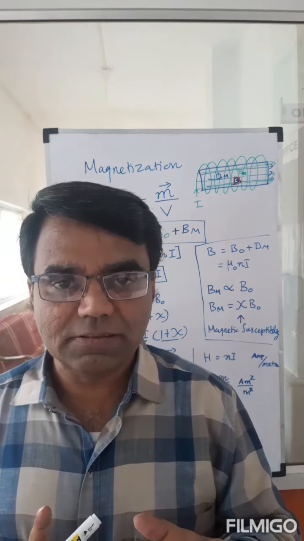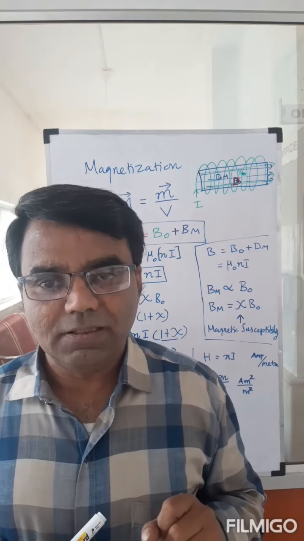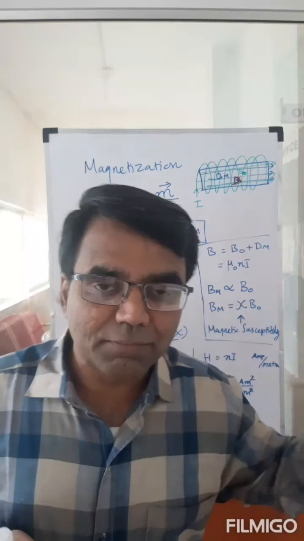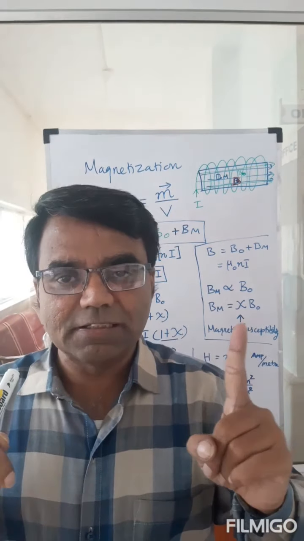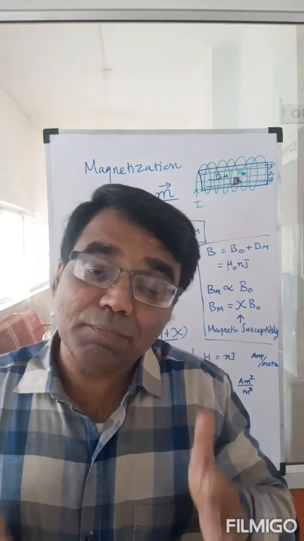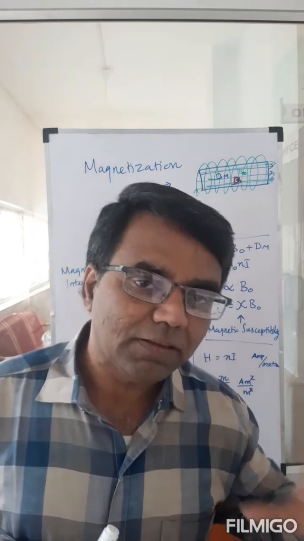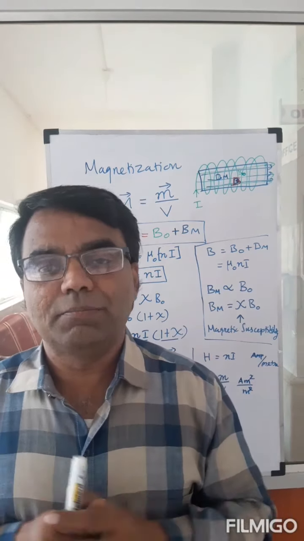Diamagnetic materials, like dielectric materials, will oppose the magnetic field. So the dielectric materials were opposing the applied electric field. Likewise, the diamagnetic materials will be opposing the applied magnetic field.